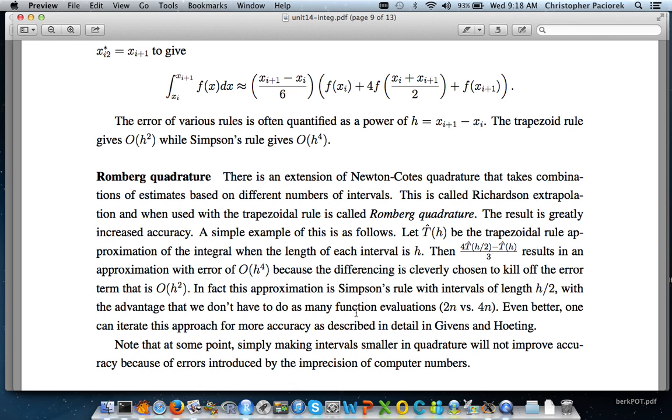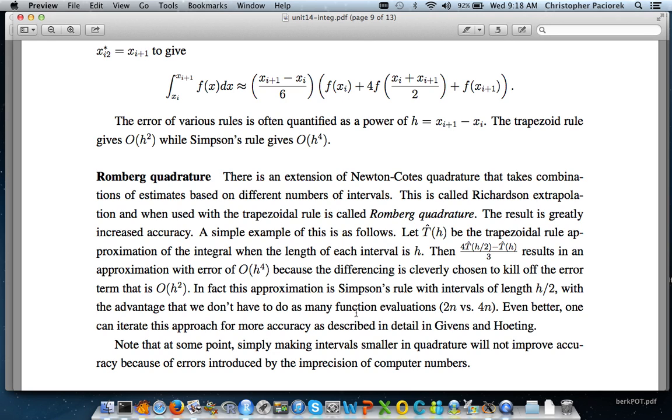So now I've got 3T plus order of h to the 4th over 3, and that's equal to T plus order of h to the 4th. So if we use an estimate that's this linear combination of these two guys, we get the true value, which is what we want, plus an error term that's order of h to the 4th.